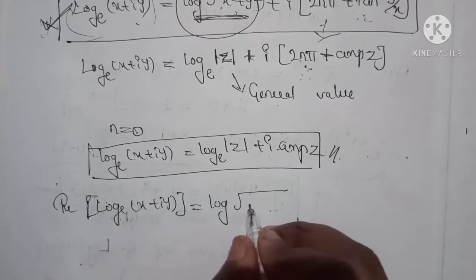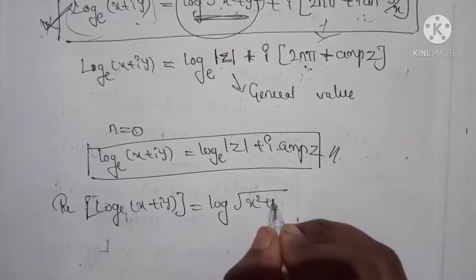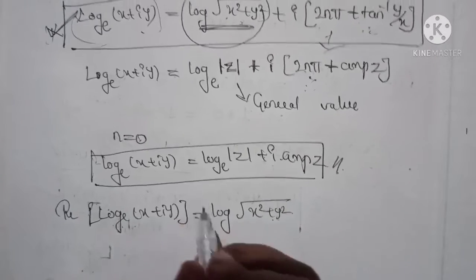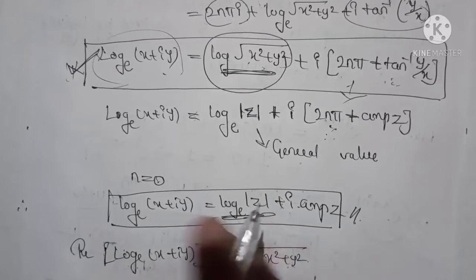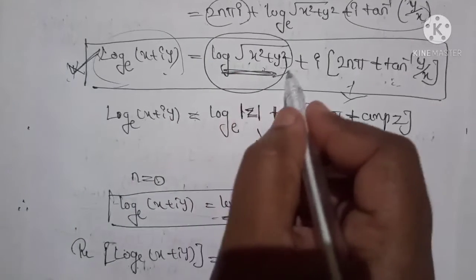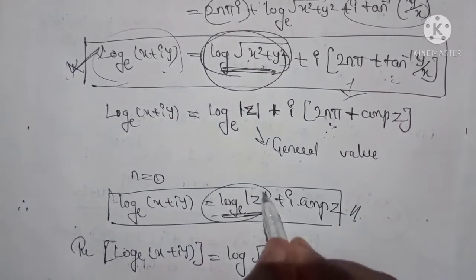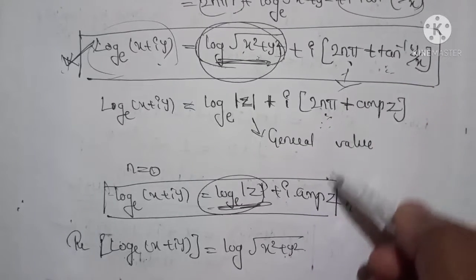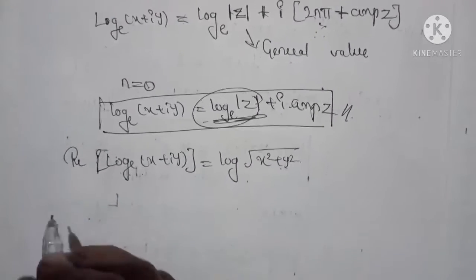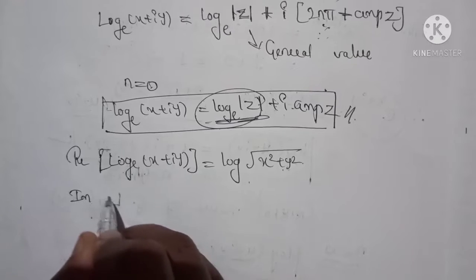So here this is the principal value and this is the general value. The real part is the same in these two cases, only the imaginary part differs.